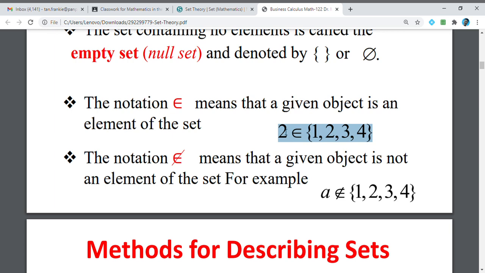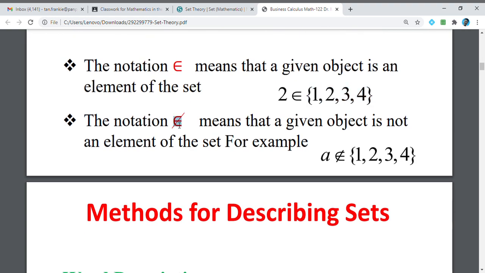So if you are going to read this, this is 2 is an element of this specific kind of set. It could be set A, it could be set B. It means to say that 2 in this specific element is a member or an object of a specified set.